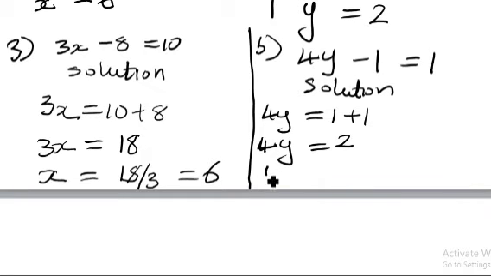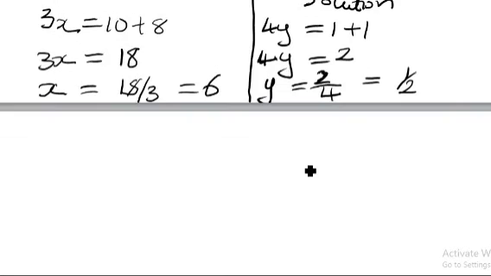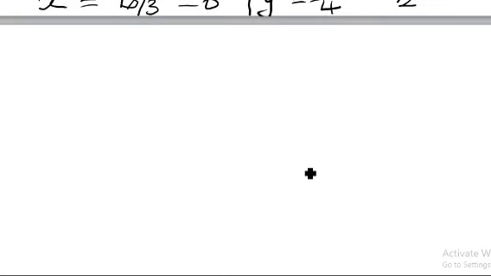So y will give me 2 over 4, which is equal to 1 over 2. The coefficient of y here is 1, and that will give us the answer for number 3a and b. Let's go to example 4.